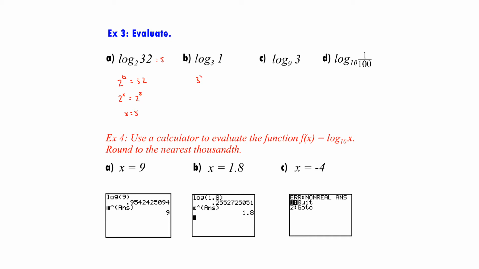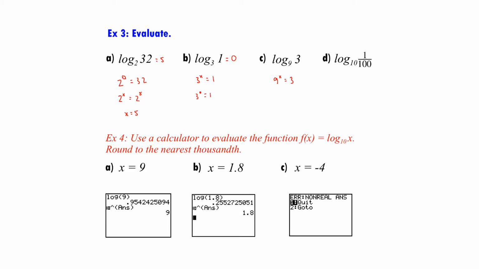So 3 raised to what power gives you 1? Now you can't get a common base here, but what raised to any power is going to give you 1? That would be 0. So 3 to the 0 power is equal to 1. This one, we have 9 raised to what power is going to give you 3?